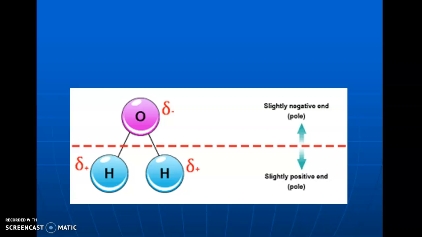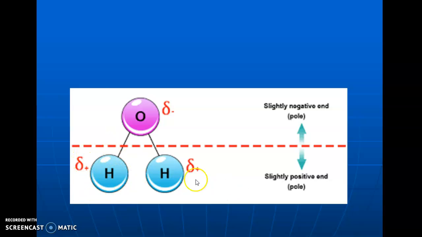So water is like this. Oxygen up here is much, much bigger and stronger than hydrogen atoms are. So oxygen pulls very, very hard on the electrons that it is sharing with the two hydrogen atoms. The electrons then spend more time next to the oxygen atom, making it as if it were slightly negative. So we put this delta negative sign on the oxygen side of the molecule.